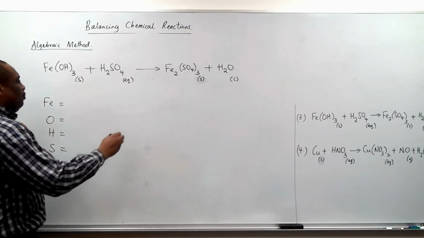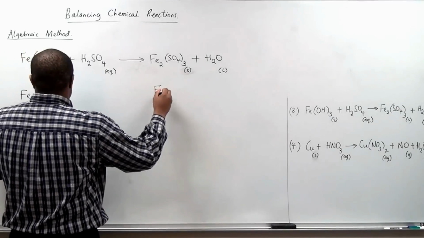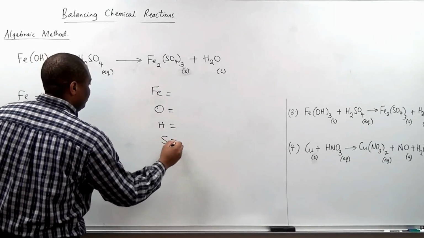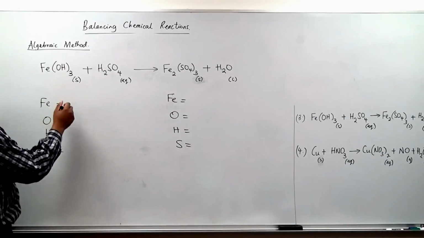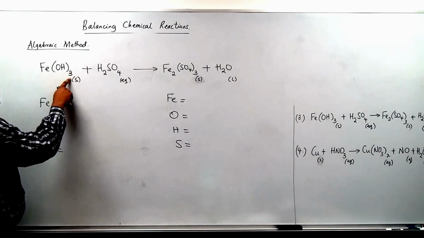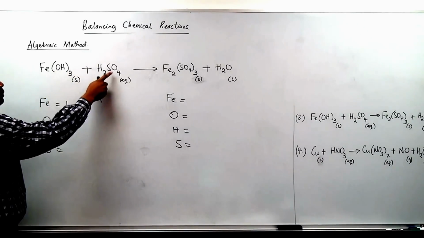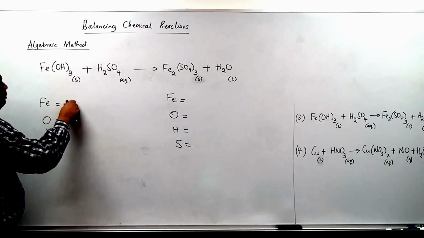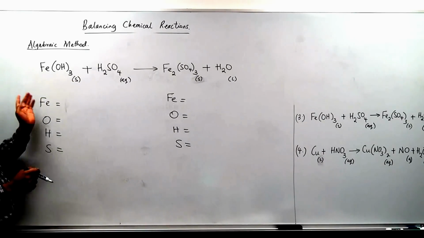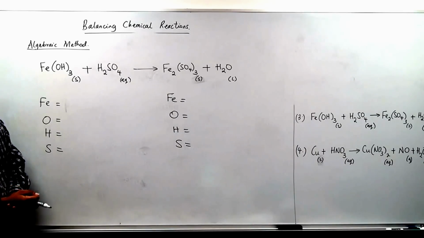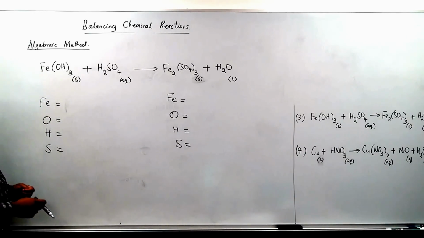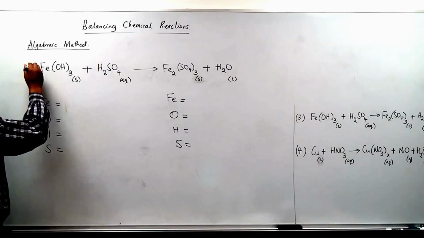The same way here, we have iron, oxygen, hydrogen, sulfur. Iron here is 1. Oxygen is 3 here, 3 here. Okay, before we do that, I'm sorry. Before we do that, we have to place our variables, okay? So I was even doing inspection already without noticing I'm using algebraic method. Don't mind me.